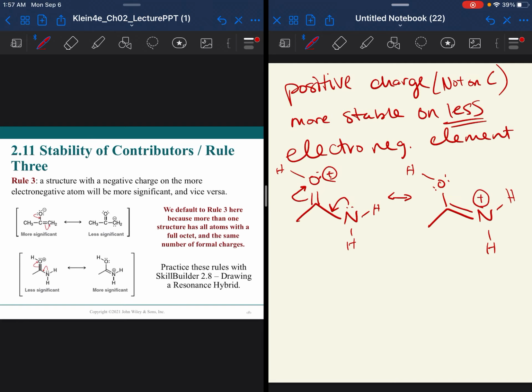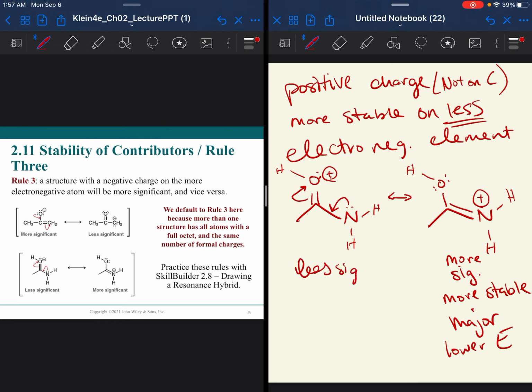The positive charge is on nitrogen. Oxygen's more electronegative, so it is pulling that electron density harder. So it's actually going to be more stable or more significant, right? Or the major contributor. Lower energy, just all the different ways we can say this, when the plus charge is on the nitrogen, right? So this one would be less significant, or the minor contributor, right? If we're looking at major and minor.